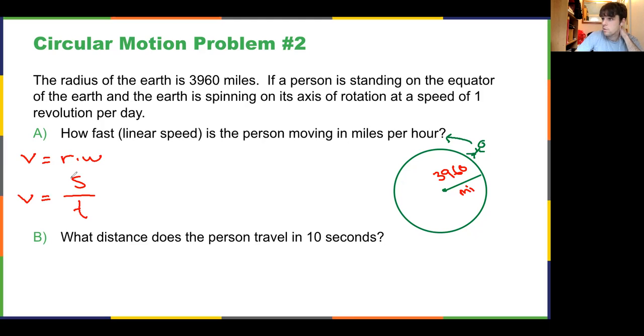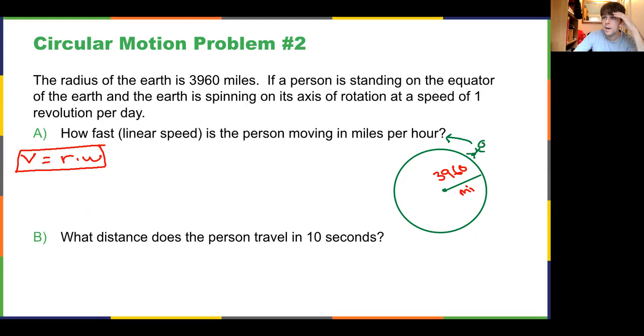We could go about this in both ways because we do know the angular speed in rotations, and we do know the radius of the Earth. It really just matters on your preference here. I'm going to go ahead and use this one, but we could get this in several different ways. So I'm going to get rid of that other formula.